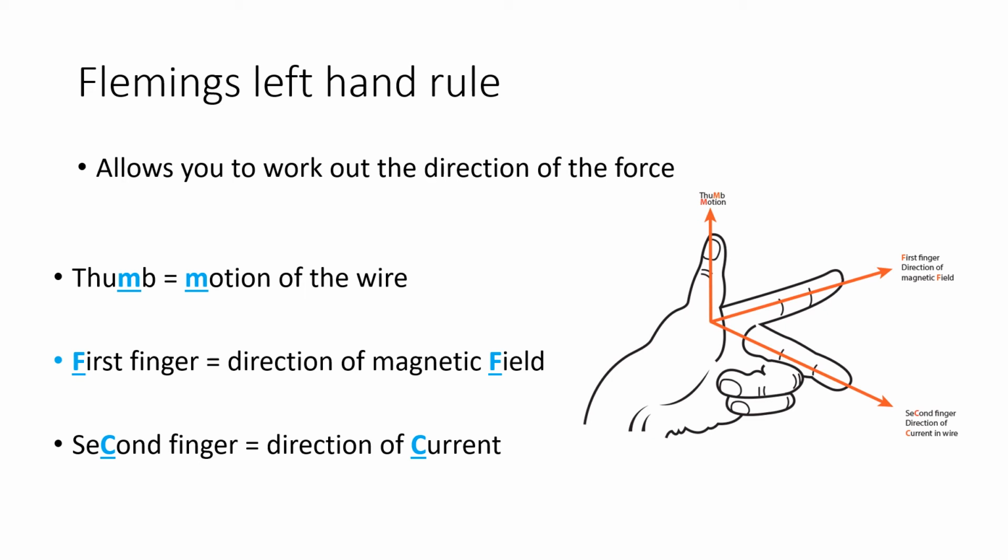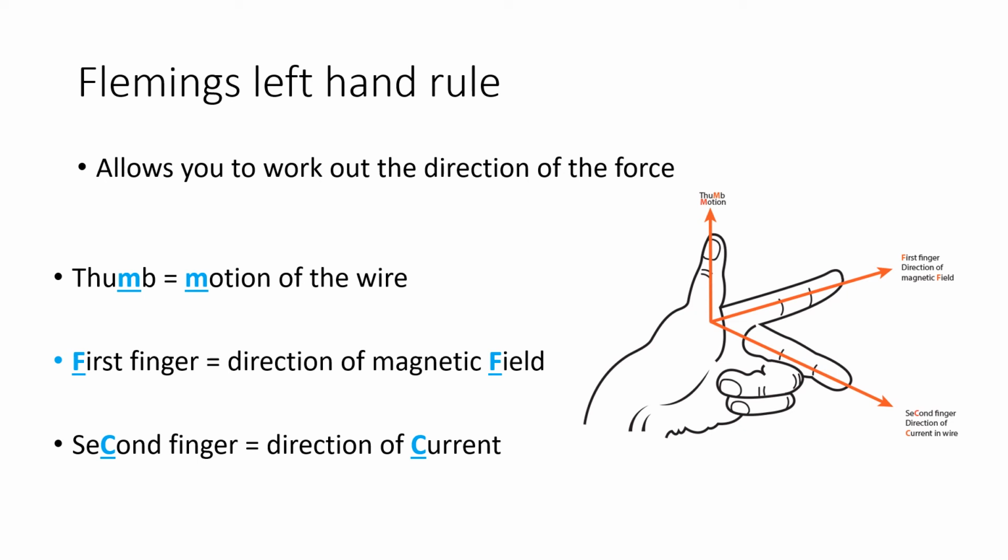When we're looking at your left hand, you can change the wording, but as long as you know which finger or thumb represents which part of the motor effect, it's not necessary for you to learn it in this way, but this is the conventional way of learning it. Thumb has the M in it for motion, and that's the direction the wire would move in.